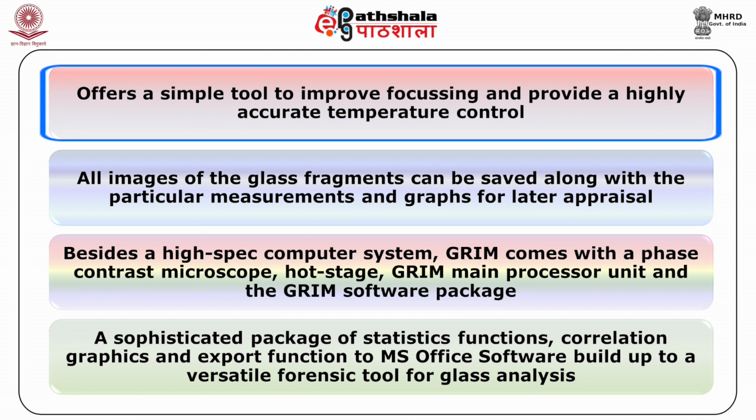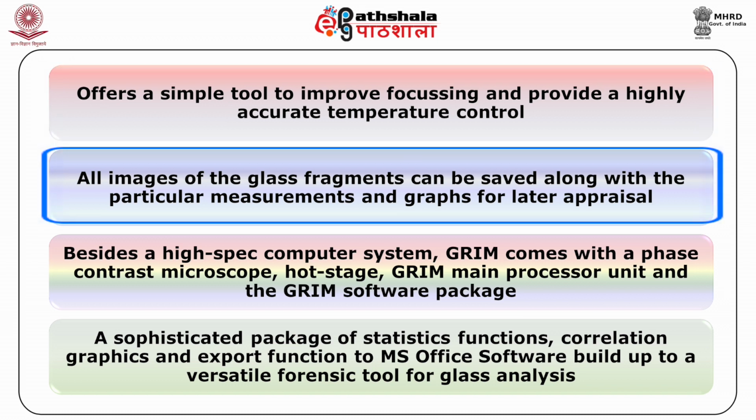GRIM offers a simple tool to improve focusing and provides highly accurate temperature control with very little drift for optimal reproducibility. All images of the glass fragments can be saved along with the particular measurements and graphs for later appraisal.